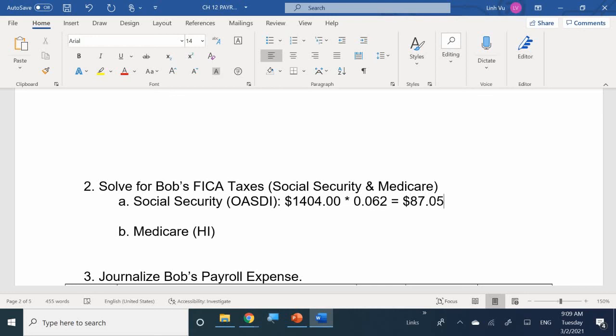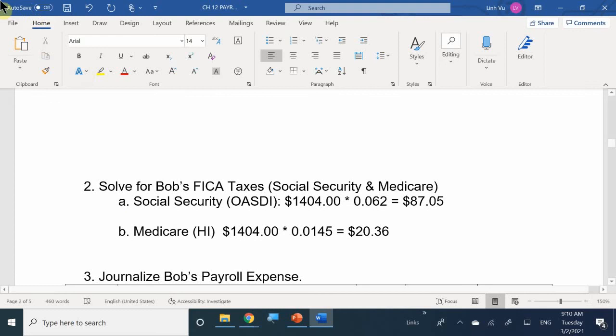Okay. What percentage is Medicare? 1.45, which in decimals is 0.0145. So how much is that? $20.36. Okay.